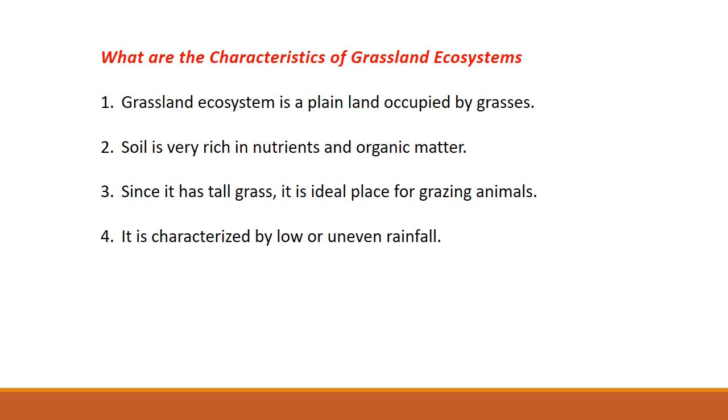Next we discuss the characteristics of grassland ecosystem. Grassland ecosystems occur in regions that are too dry for forest but have sufficient soil water to support a closed herbaceous plant canopy that is lacking in desert.